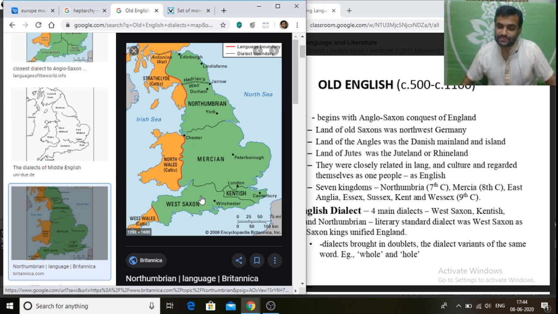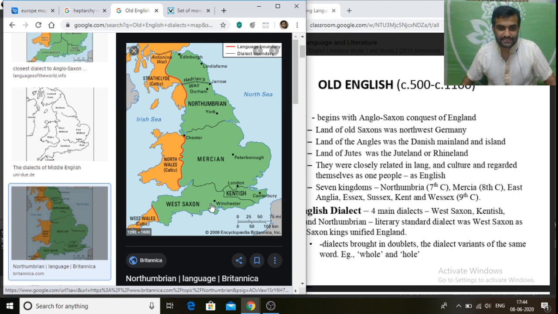West Saxon was spoken in the Wessex region and the Jute-occupied region of England. And the last one was Kentish, spoken in the Kentish kingdom. So the four dialects of the Old English period are West Saxon, Kentish, Mercian, and Northumbrian.